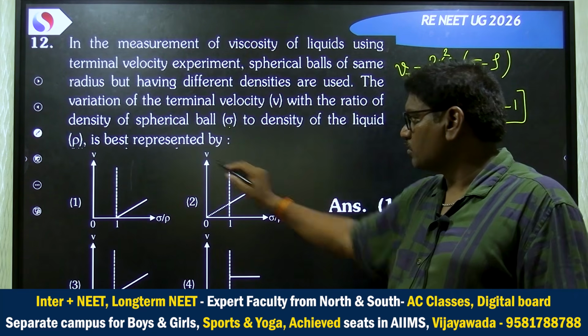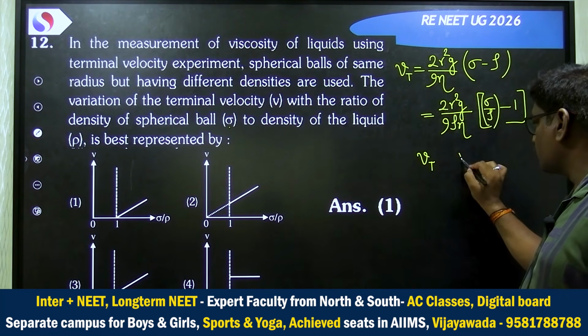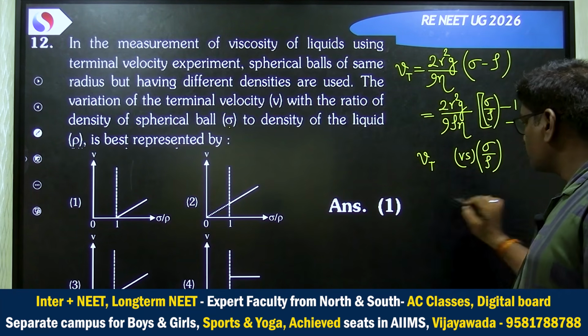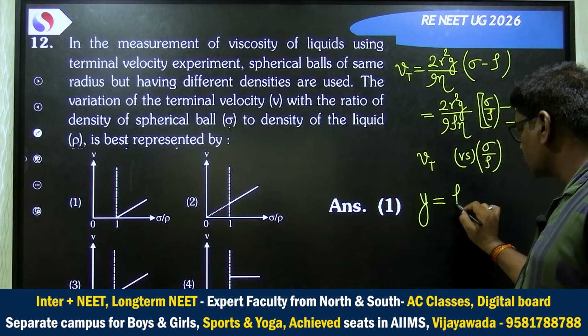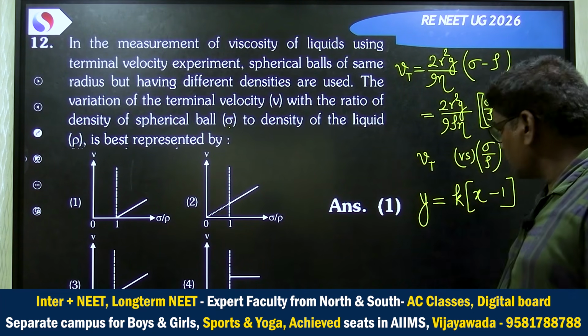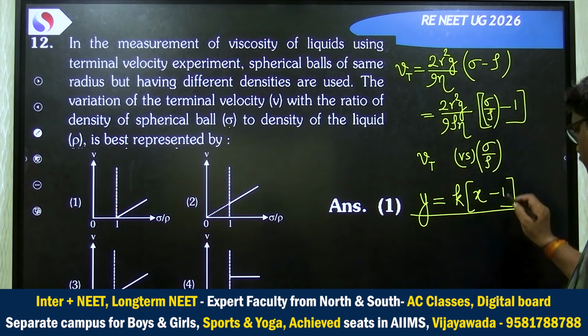What is this sigma by rho thing? So they want to make a graph between this versus sigma by rho. That means one I have to treat it as y, one I have to treat it as x. So now you can see that this is a straight line which is having negative intercept.